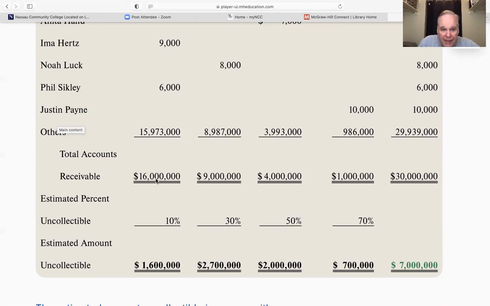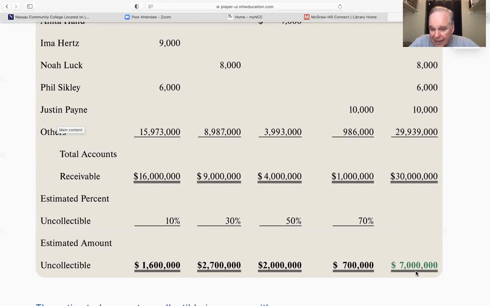I'm saying that of that 16 million, I won't get 10% of that. Of this 9 million, I won't get 30. Of this 4 million, I won't get 50. Of this 1 million, I won't get 70. So if I multiply, I get these numbers along the bottom. And when I add them up, they add up to 7 million.